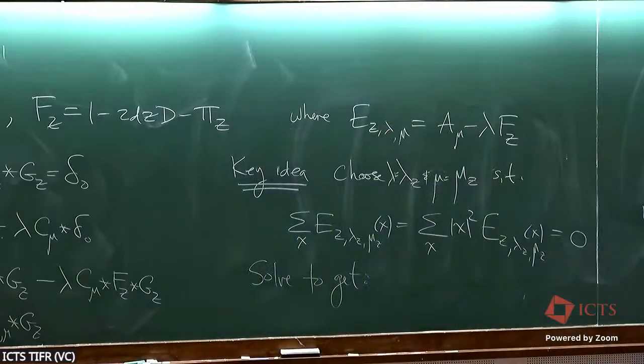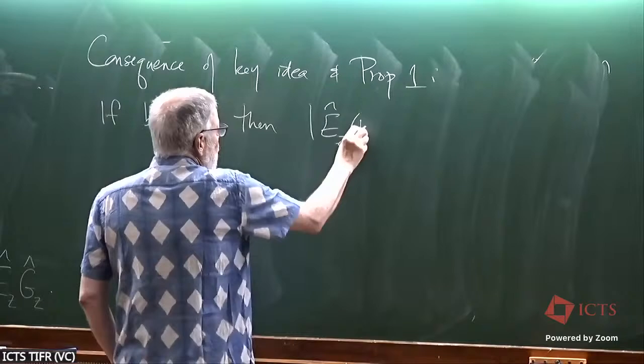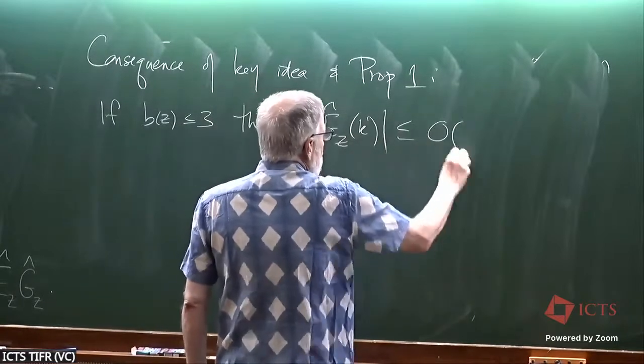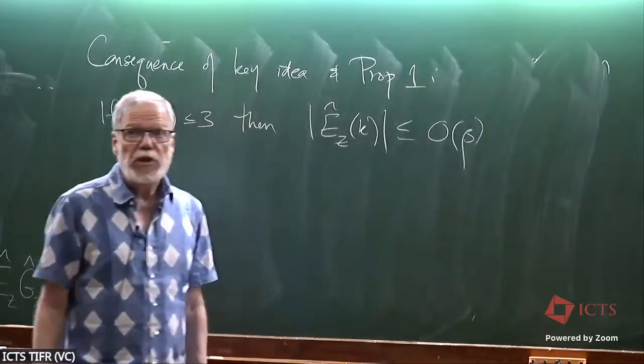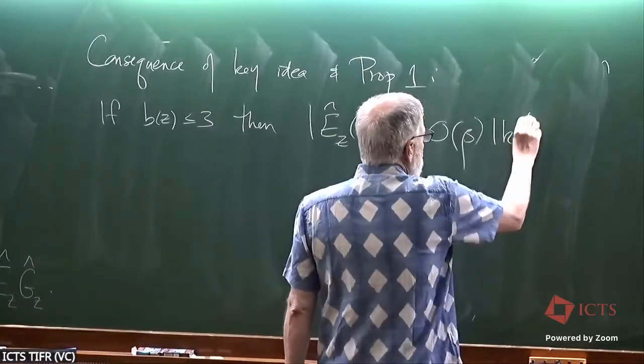And so in terms of its Fourier transform, that tells you that Ez hat of k is going to be bounded by, there's a beta that comes in because it's inside pi, which is inside E, and then you'll have k to the fourth.